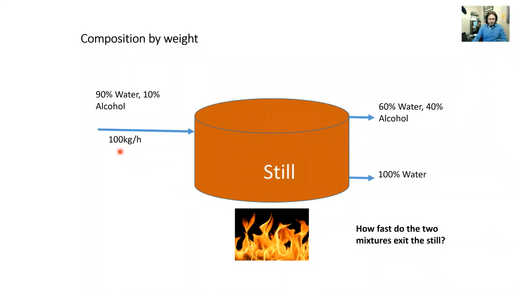We have two output streams: one is 60% water and 40% alcohol, and the bottom stream is 100% water. The question is how fast the two mixtures exit the still. I'm going to show it to you two ways: we'll work it out now, and then we'll see an animated PowerPoint version of the solution.